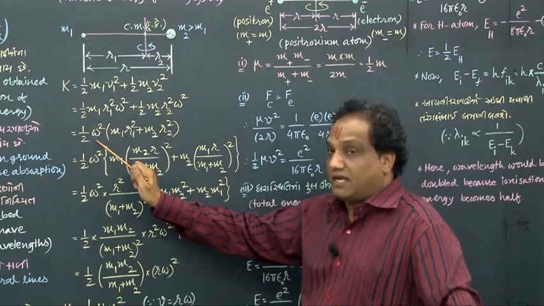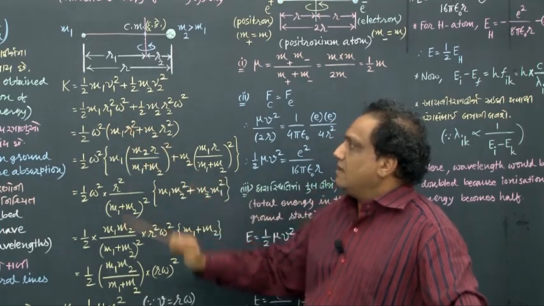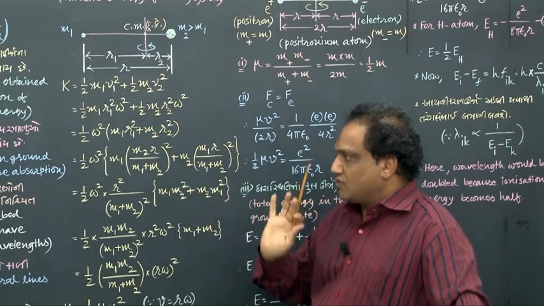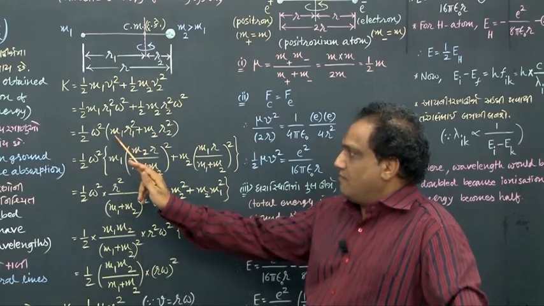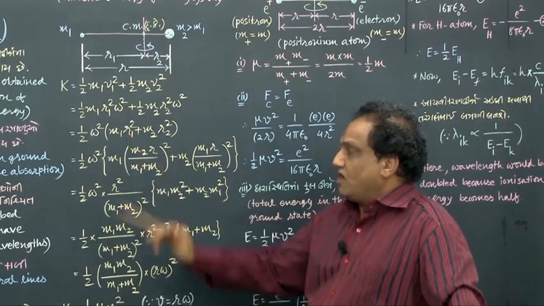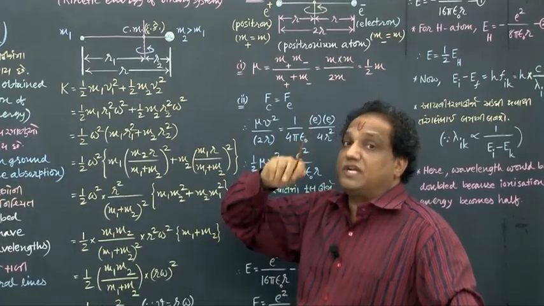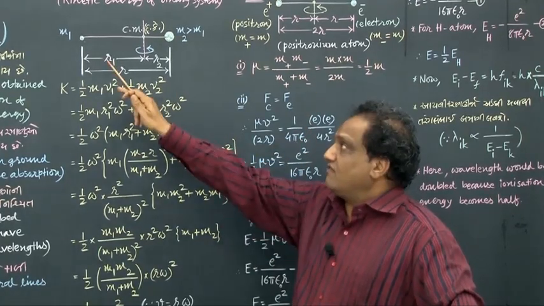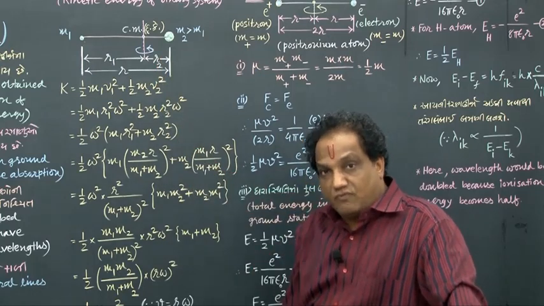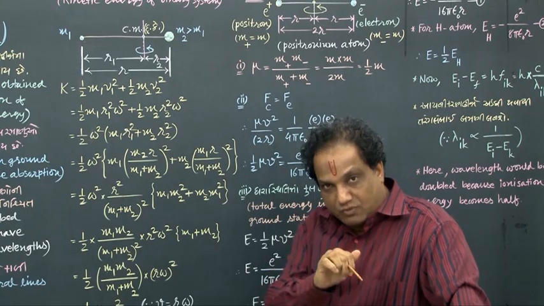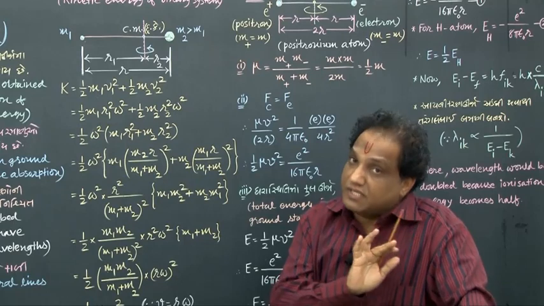Half omega square I can take common. Inside the bracket is left m1 r1 square plus m2 r2 square. What is the formula of r1? In the second semester, in the first chapter on center of mass, you had studied the formulas of r1 and r2: r1 equals m2 into r upon m1 plus m2, and r2 equals m1 into r upon m1 plus m2.